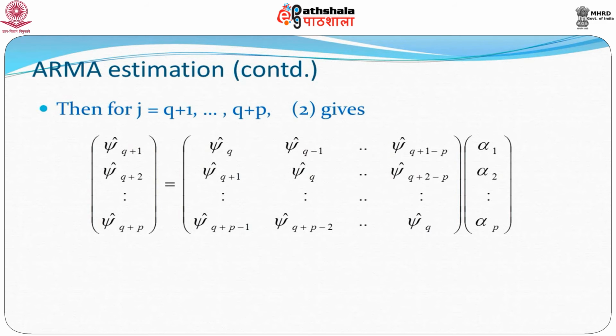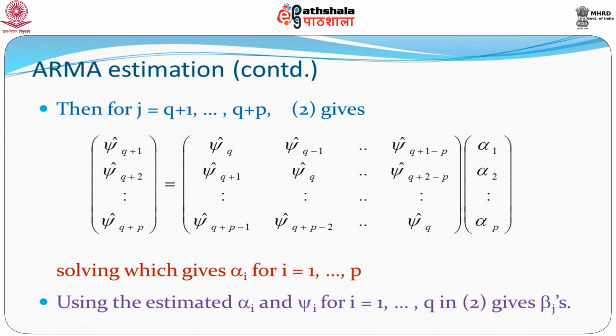Remember that the betas won't come in here, because we are taking j equal to q plus 1 and beta_{q+1} is 0. So, the betas would not come here, and we can write the relationship simply in terms of the psi's and the alphas. Psi's we have estimated, alphas are unknown, and we get p equations in these p unknown alphas. And we solve these p equations to get estimates of alpha_1, alpha_2, up to alpha_p.